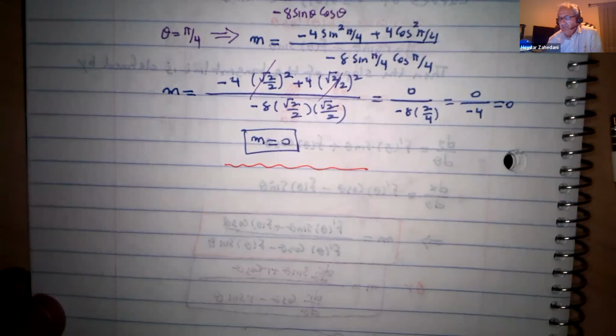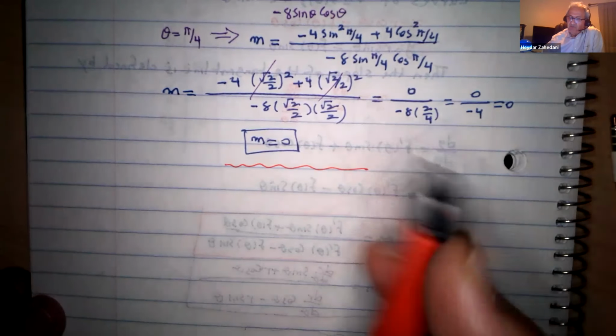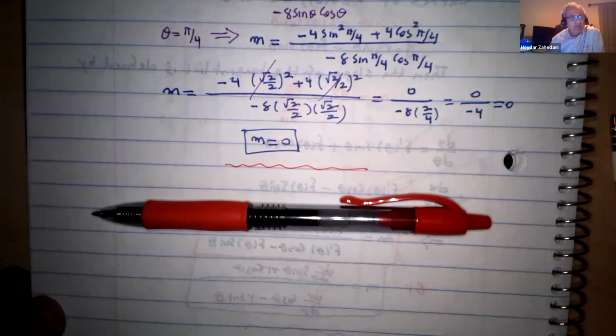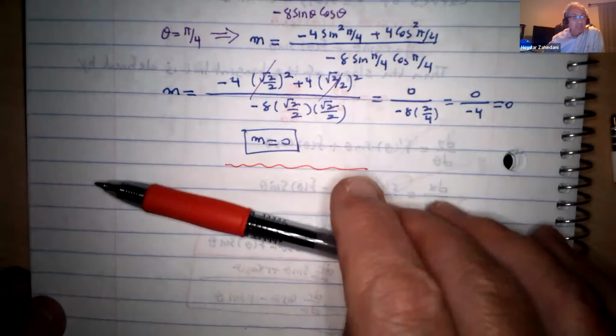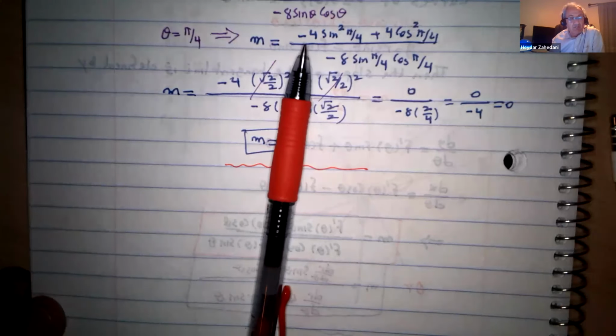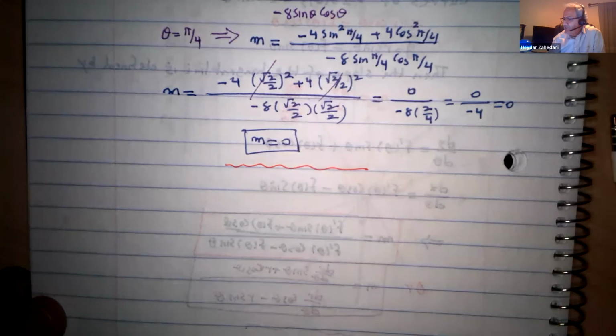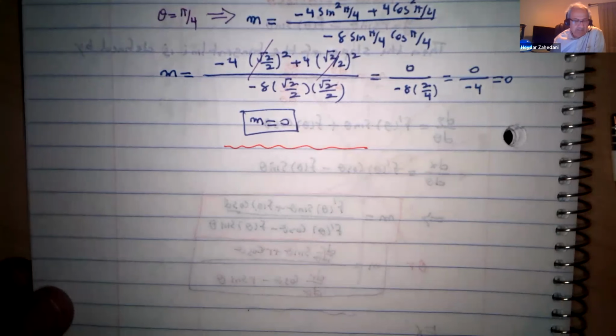In the case of a function of one variable, if the slope is 0, the tangent line will be horizontal, and when the slope is infinity, that would be a vertical one.